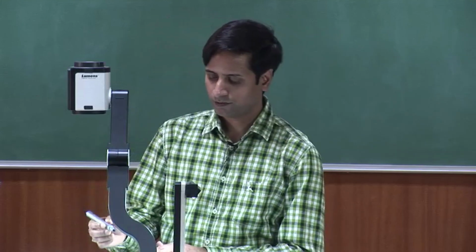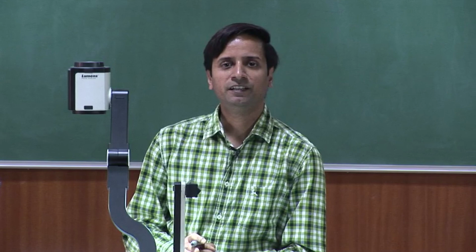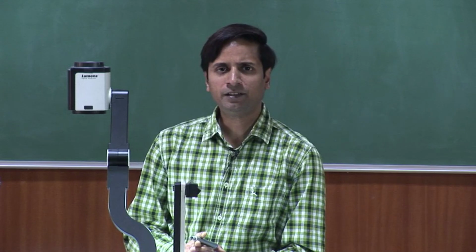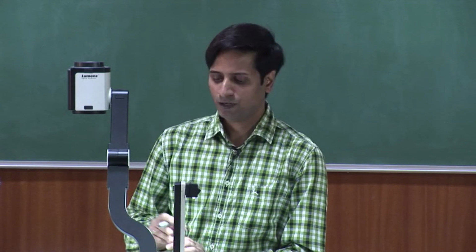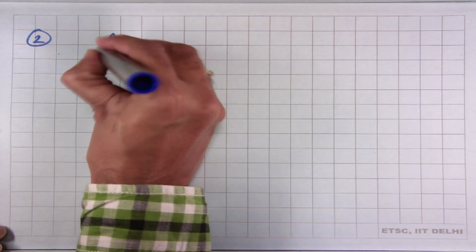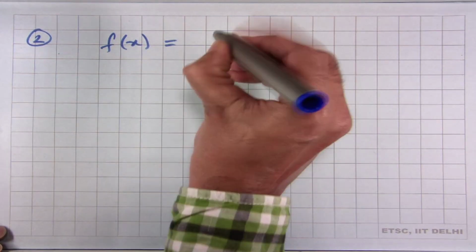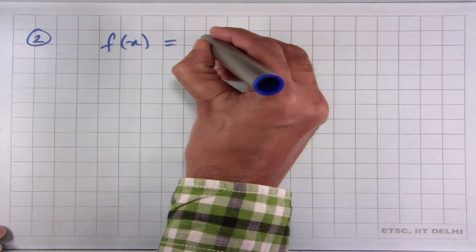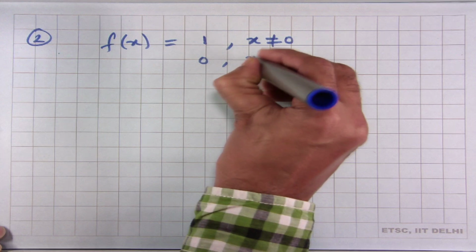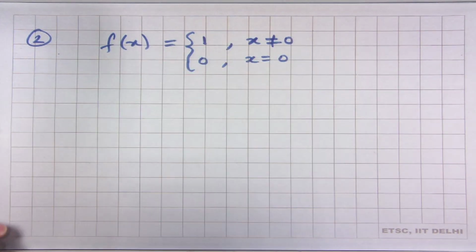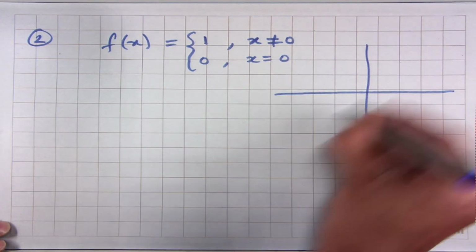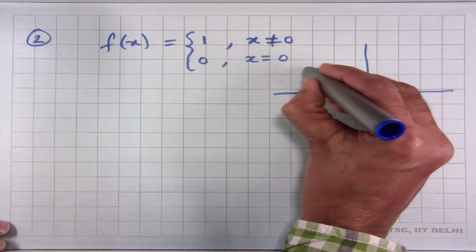So, the previous example was where the function was discontinuous at a point because the limit did not exist at that point. But for the next example, let us consider the function f of x which is equal to 1 if x is not equal to 0 and 0 at x equal to 0. So, this function is 1 at all points except 0.